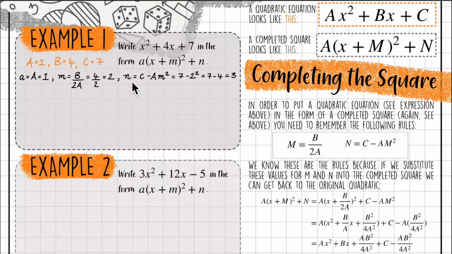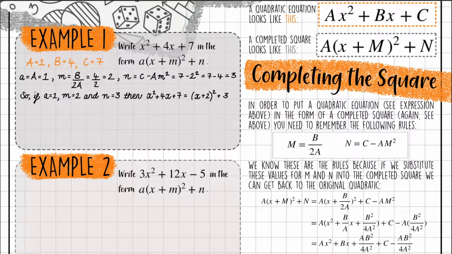Therefore, N is equal to 7 minus 1 times 2 squared, i.e. N is equal to 7 minus 2 squared, which is 7 minus 4, which is equal to 3. Therefore, we have everything we need to write our quadratic in the completed square form. If A is 1, M is 2, and N is 3, then our quadratic in the completed square form is this. We have bracketed x plus 2 squared plus 3.